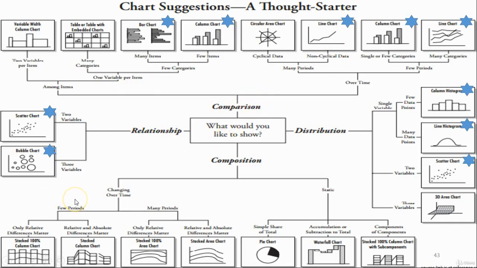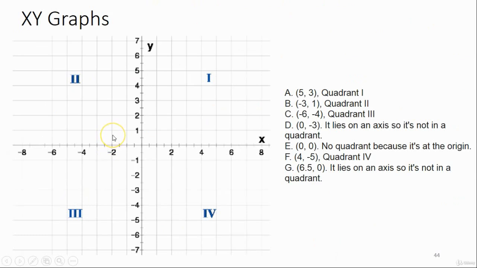Okay, so now let us go ahead, and this is a very basic graph, the XY graph. We have been doing this since our school days. I remember in the 10th class I used to do this. I hope many of you have done it. So this is quadrant 1, quadrant 2, quadrant 3, and quadrant 4. In quadrant 1, both x and y are positive, like 5 and 3, the point will be here.